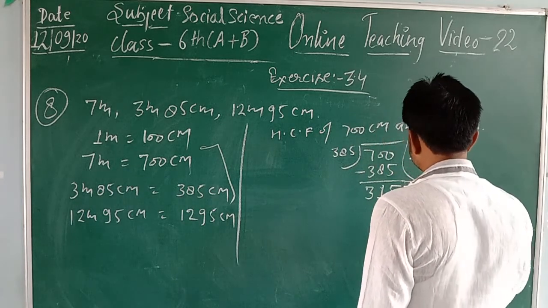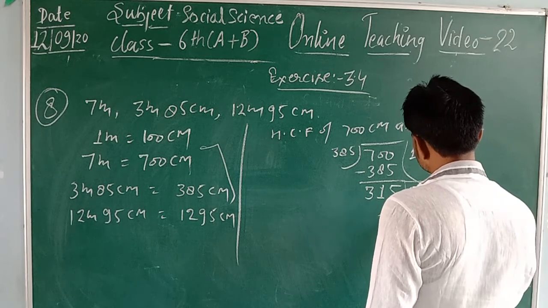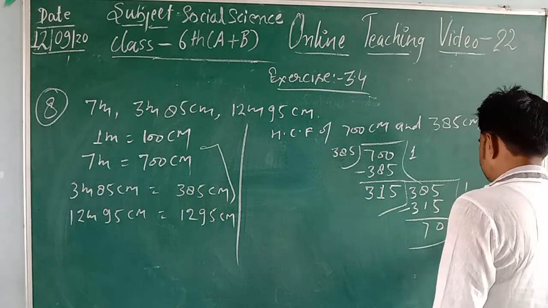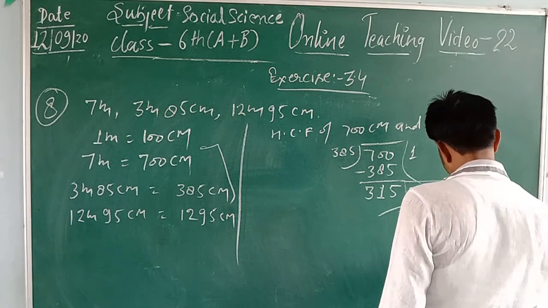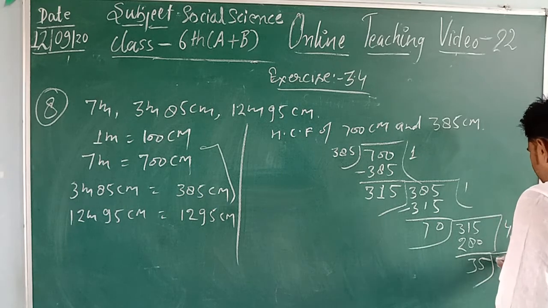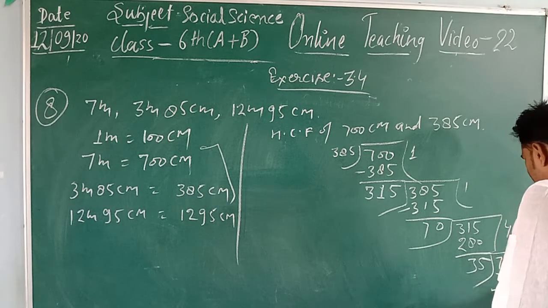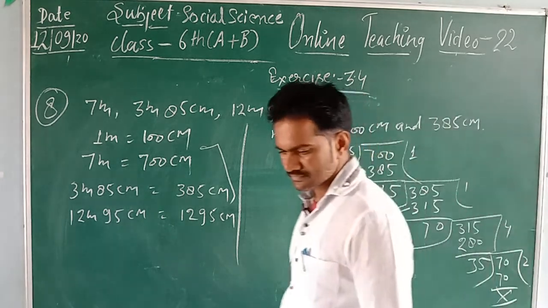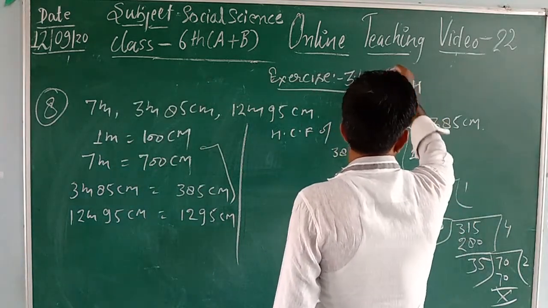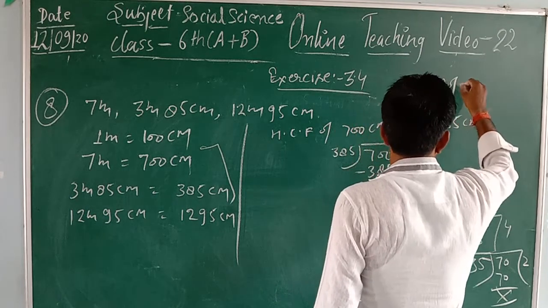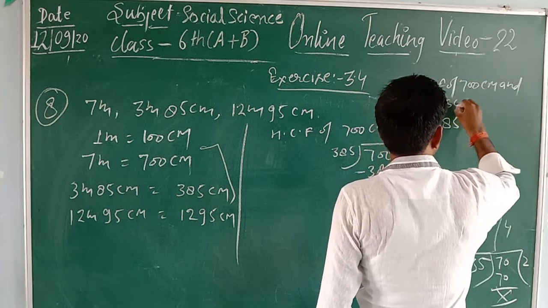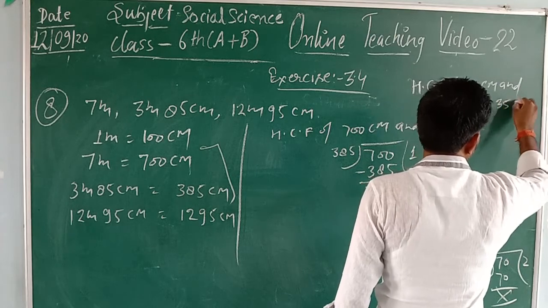The HCF of 700 centimeter and 385 centimeter is equal to 35 centimeter.